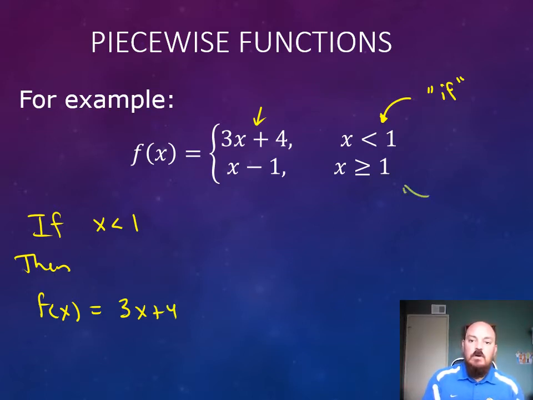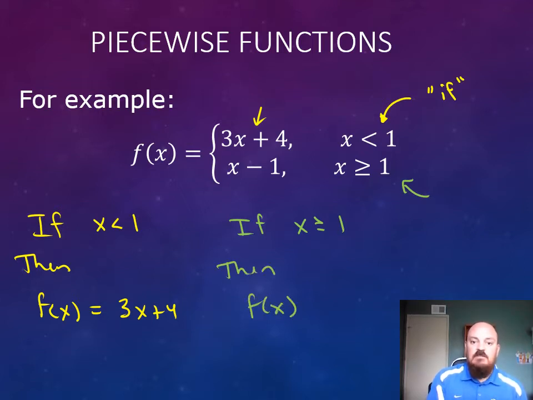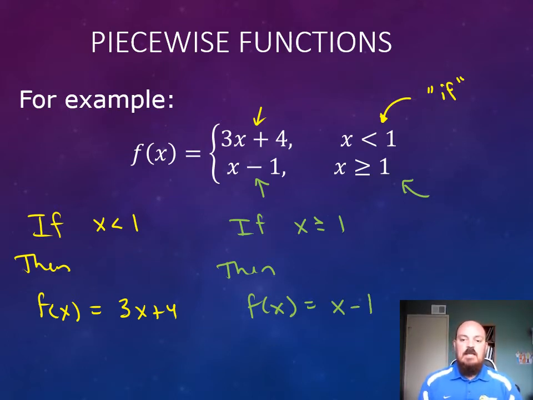Now the bottom one says if x is greater than 1, then f of x equals that equation. So a piecewise function has more than one equation, and it also tells you when to use each equation. And it's all about what x equals.